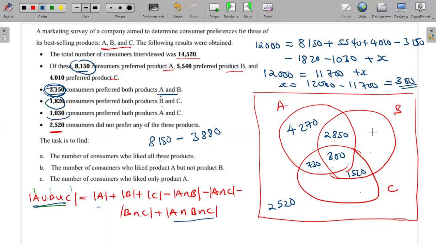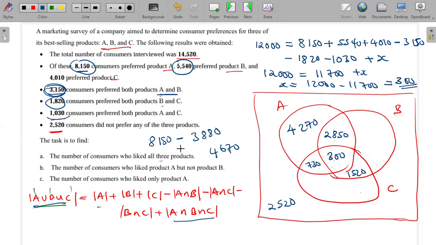And then I go to those that like product B only. So I'm going to add again, so I add the 2,850 plus 300 plus this time around I add the 1,520, and this here gives me 4,670. Those that like product B are there.